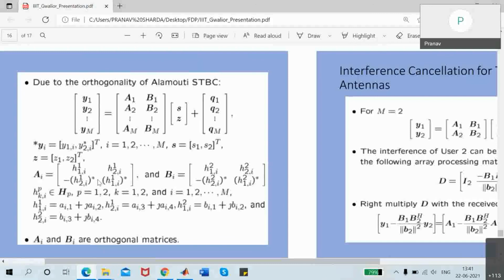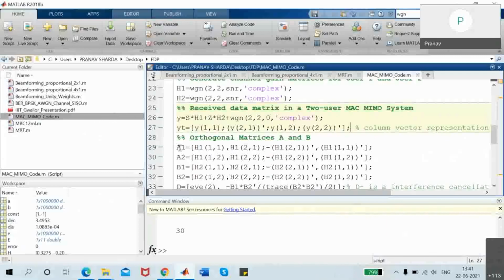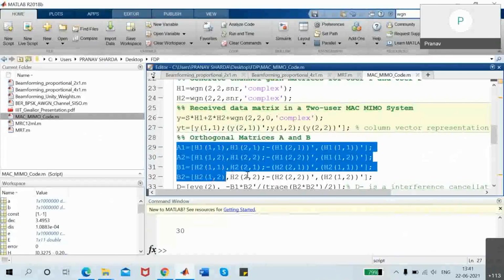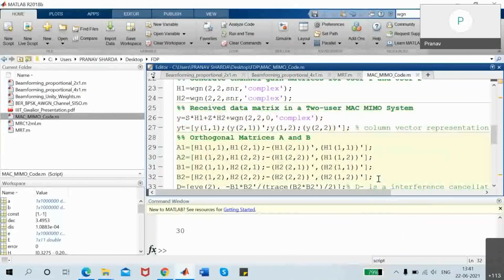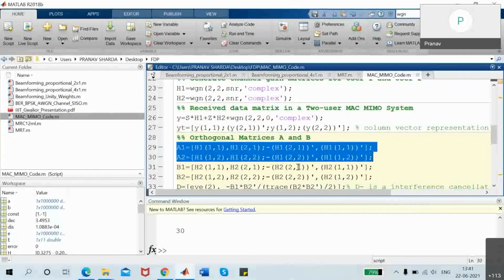We see their theoretical consideration and then do it in MATLAB. You can see we have defined A1, A2, B1, B2 because we have two users: A1 and A2 corresponding to user 1, and B1 and B2 corresponding to user 2.